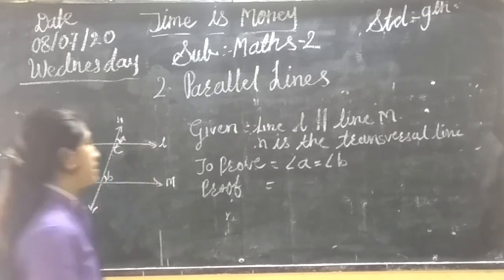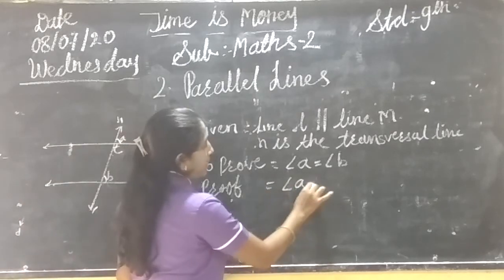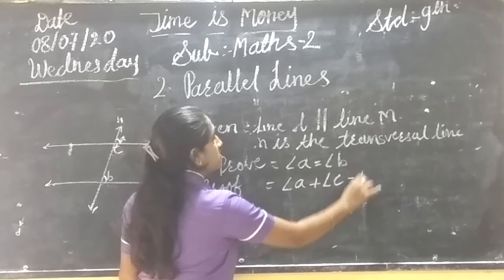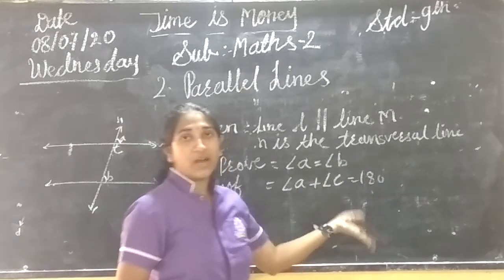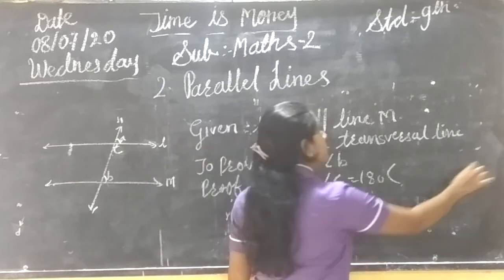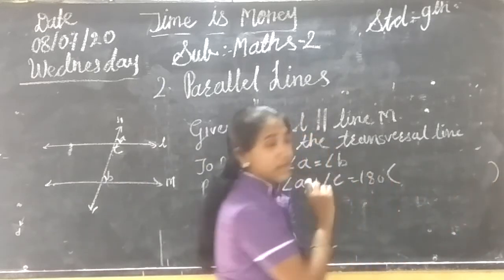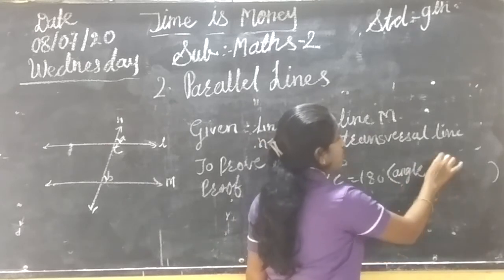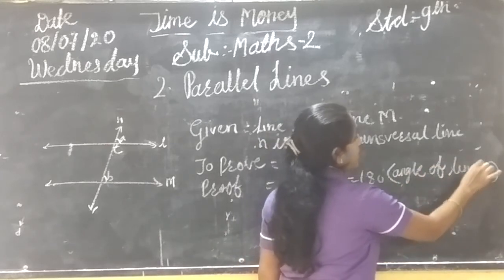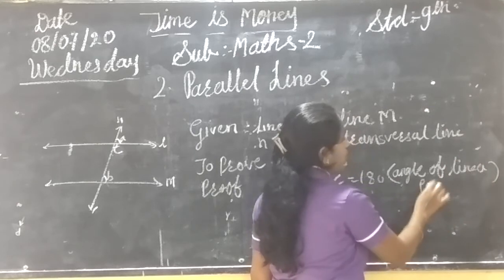It is 180. So angle A plus angle C is equal to 180 degrees. And for each step you have to write the reason. What do we have to write as the reason? The angles of a linear pair. Okay.